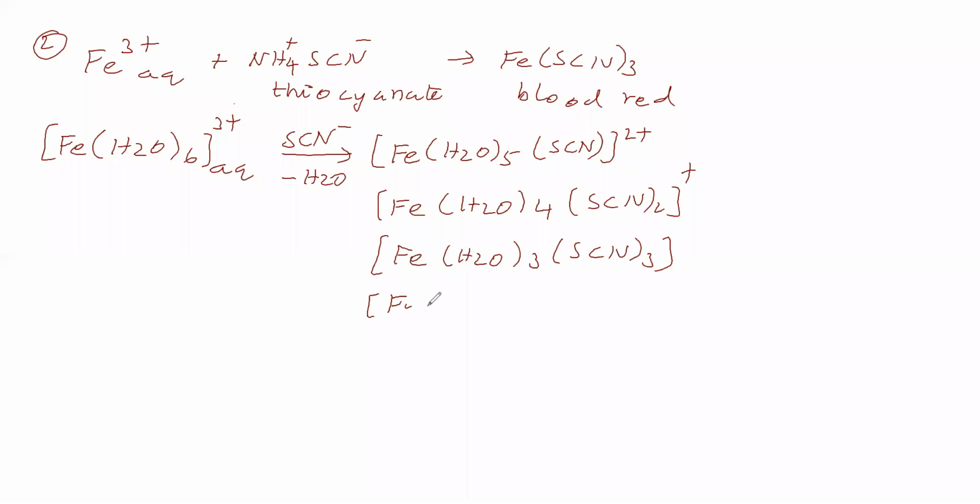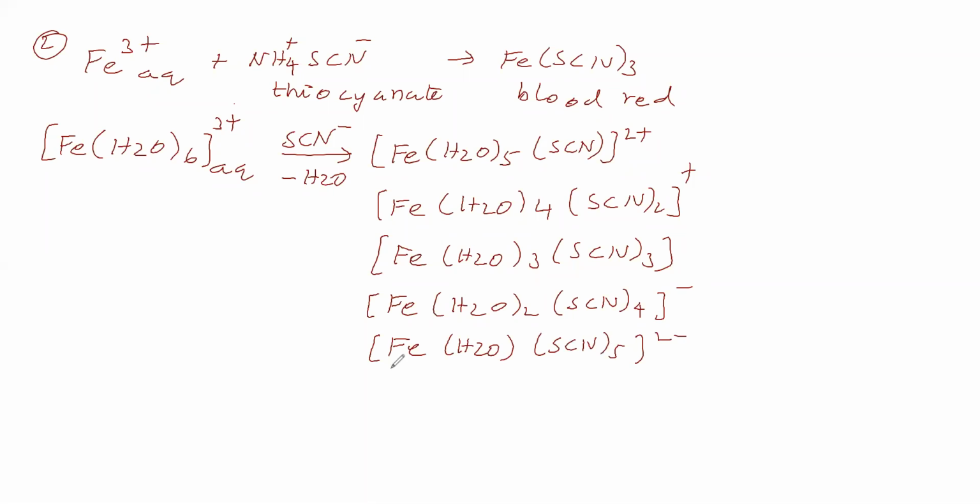Another water molecule is replaced by SCN, giving an anionic complex with minus charge. The next water molecule is replaced by SCN, now 2 minus charge. The next water molecule is also replaced, giving [Fe(SCN)6] 3 minus salt.